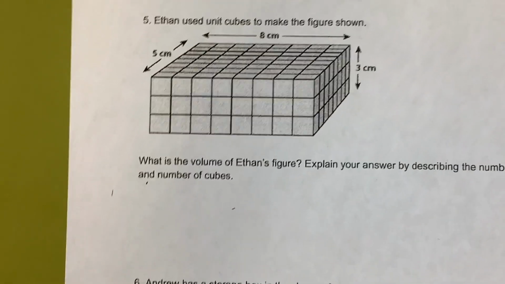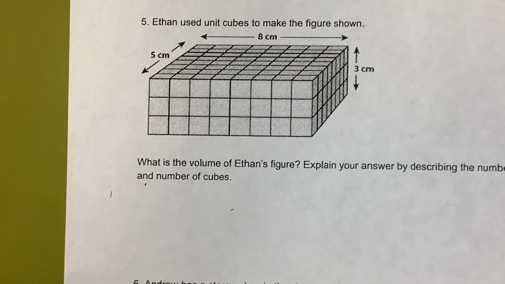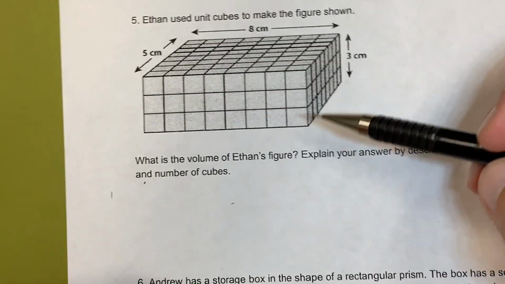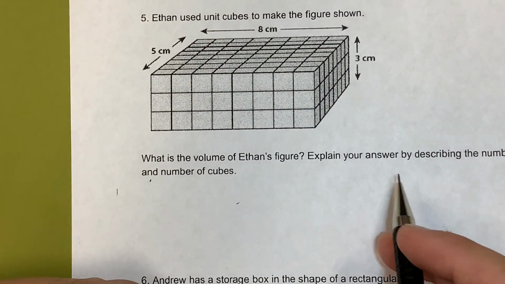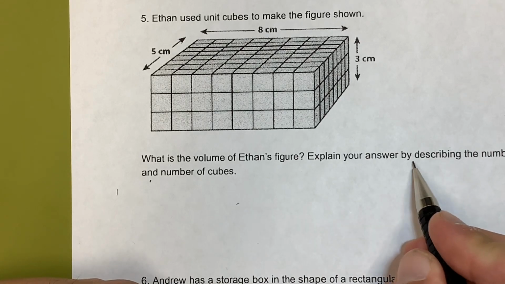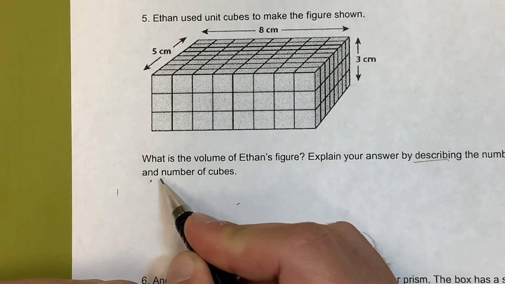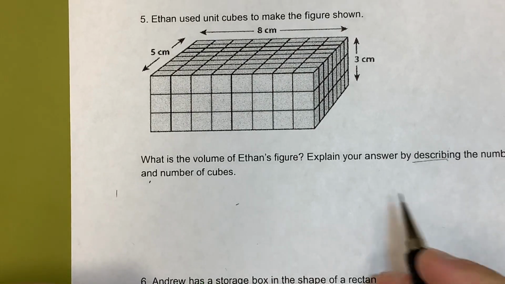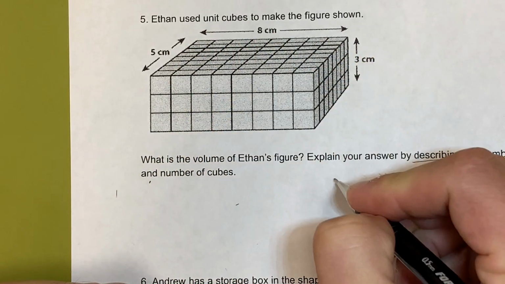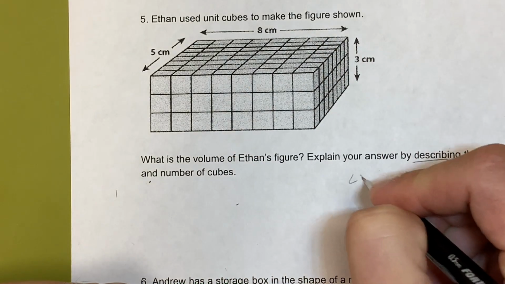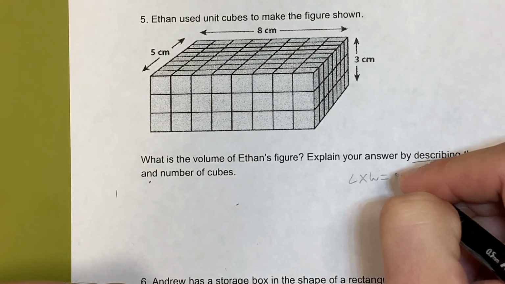The next one, unit cubes. Find the volume of Ethan's figure. This says describe by using the number of layers, so we have to use that first method we used. So for this figure, we're going to do area of the top, length times width equals area of the base.